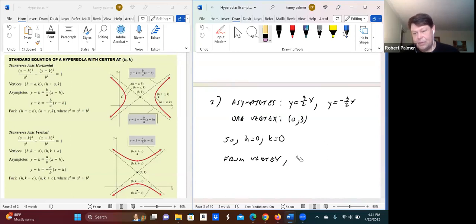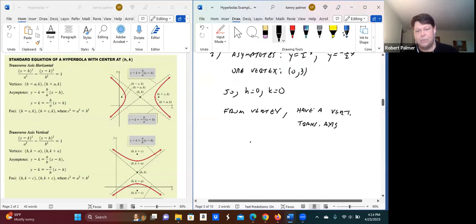So we have a vertical transverse axis. Okay, so our equation looks something like this.